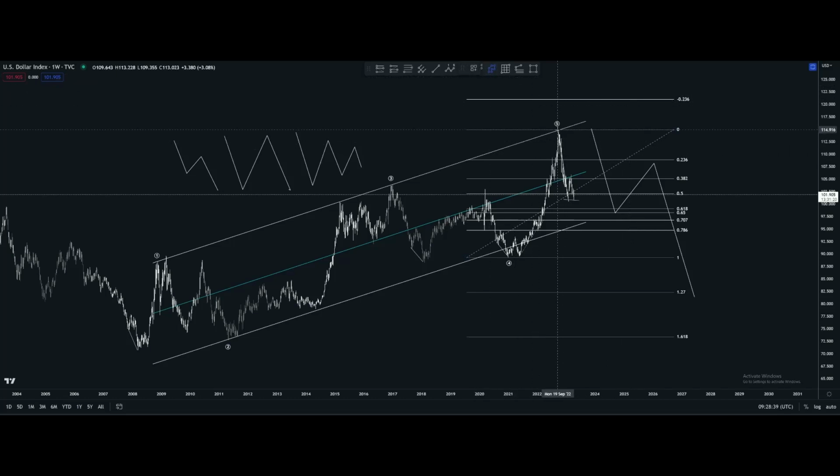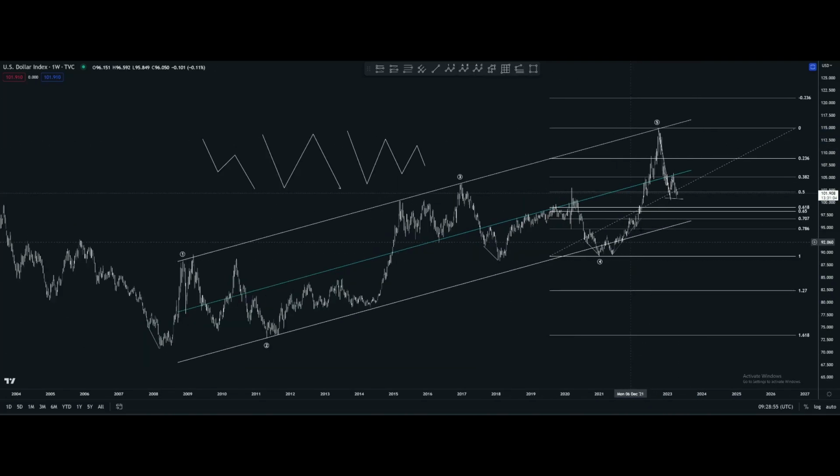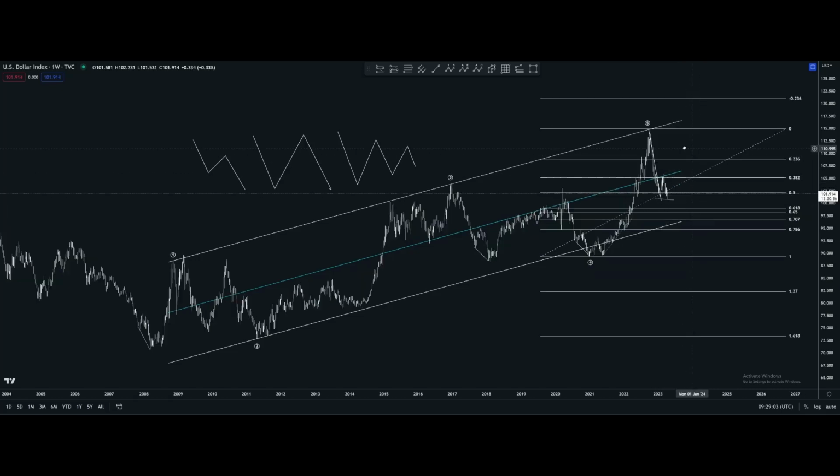It can happen in the form of, I don't know, a flat or something like that, and still be a corrective move, right? But since we only have, from what it seems, an impulse into this area where they defend, we could expect some sort of a retracement, right?